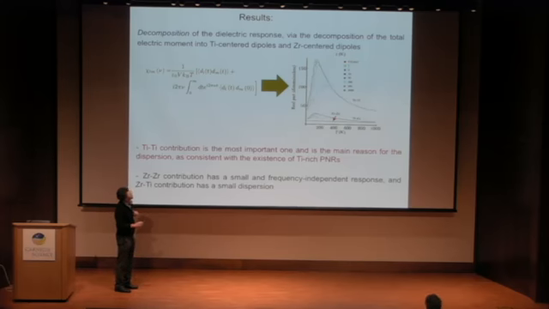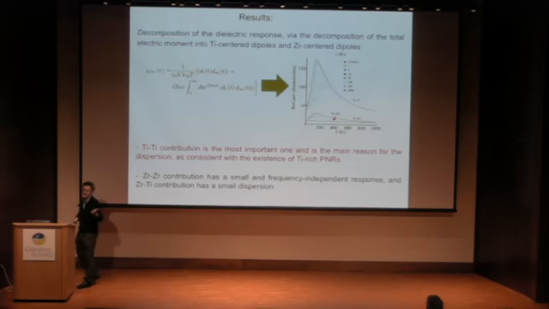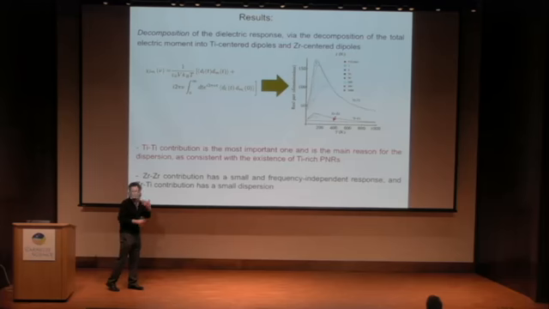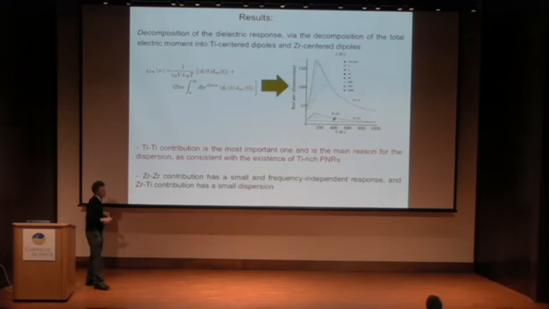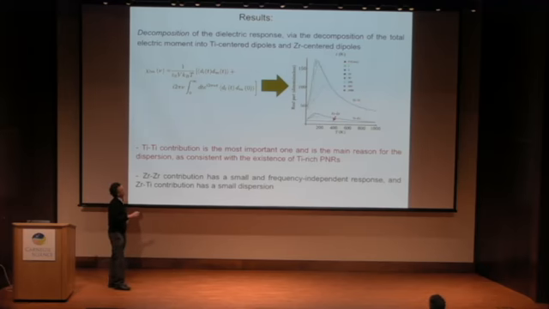You have a titanium part, which is indicated here. You have a titanium-zirconium part here, and zirconium-zirconium. What I'm saying is that, thanks to simulations, this is something you cannot do in experiment, of course, you can decompose your total response into atomic characteristics. And what this decomposition is telling you is that what causes the relaxation is titanium-titanium.